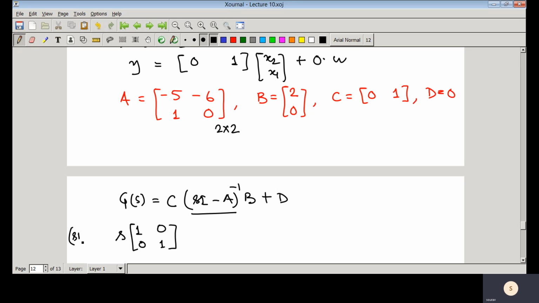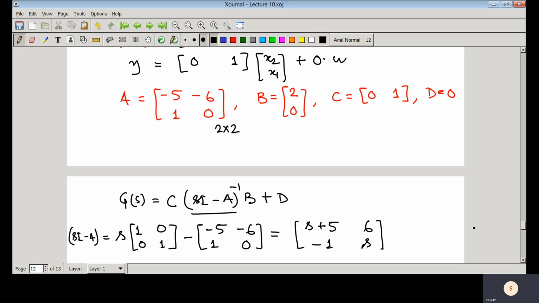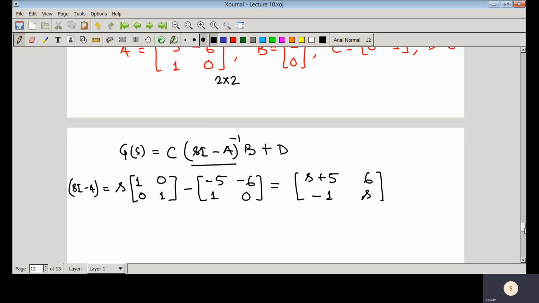So we are just finding what is sI minus A. The A matrix is [-5, -6; 1, 0], so that is [s+5, 6; -1, s]. Then if you take the inverse of this matrix, that is (sI minus A) inverse, you have the determinant.